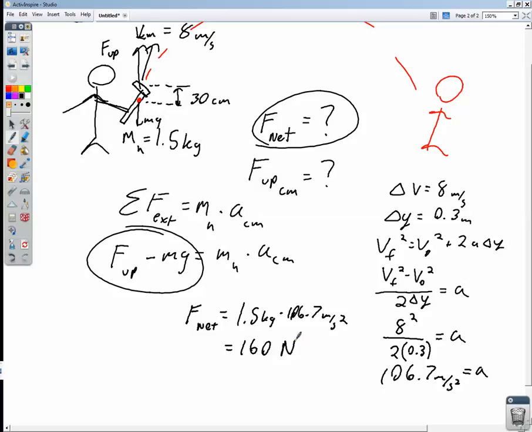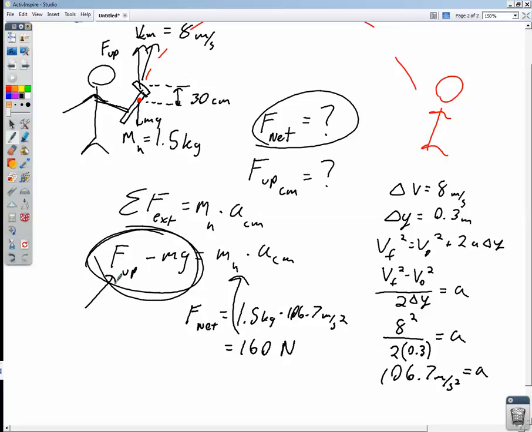So that answers the first part, and then we're going to take that 160 newtons, and that's going to go back into our equation up here for the net force. F up minus mg is going to equal 160. Plug those in and solve for the force that this guy really applies in the upward direction.